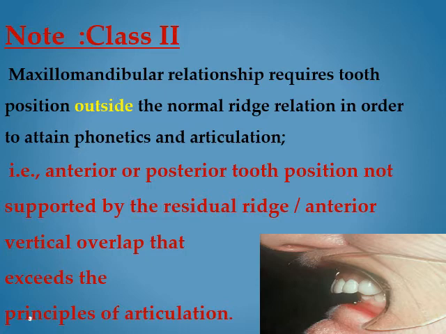Note that class 2 maxillomandibular relationship requires tooth position outside the normal ridge relation in order to attain phonetics and articulation, meaning anterior or posterior tooth position not supported by the residual ridge, and anterior vertical overlap that exceeds the principle of articulation. As we can see in the picture below, how much the protrusion is.